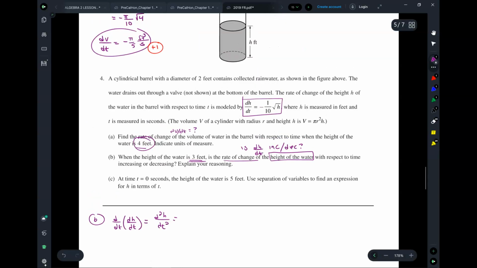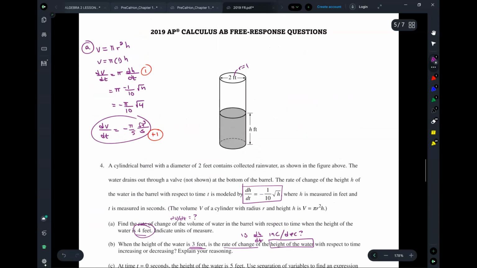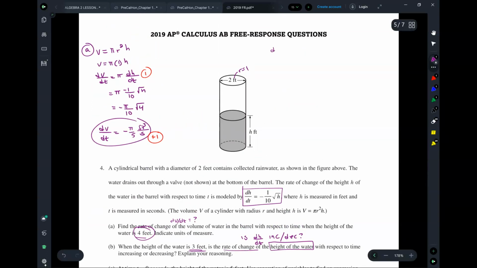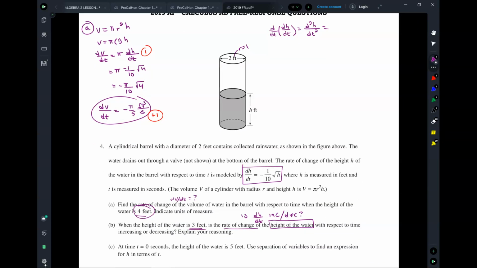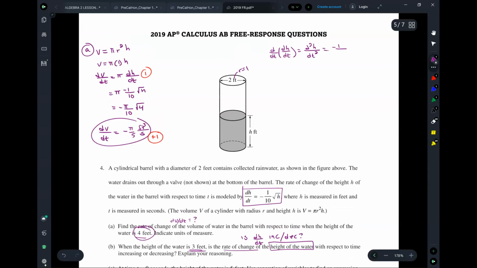And you know what? I'm going to write that up here because I'm going to need room. So how much is that? Let's take a derivative of that. That's negative 1 over 10 times 1 over 2 root h.